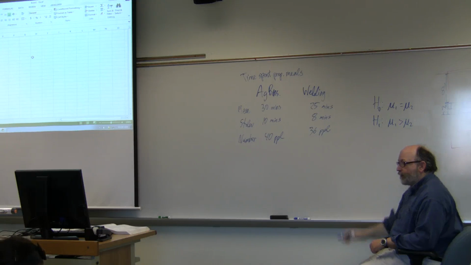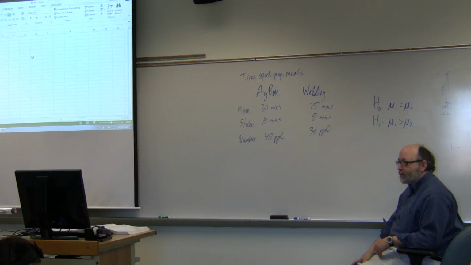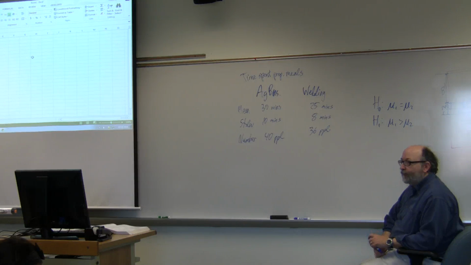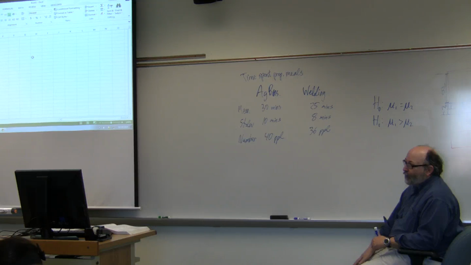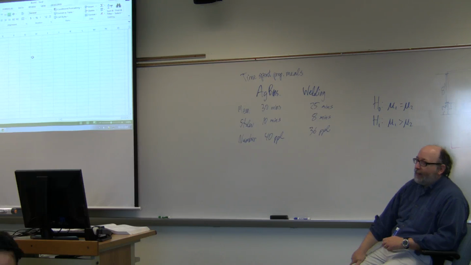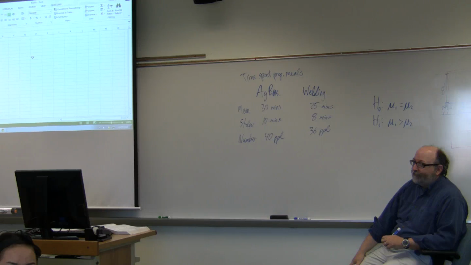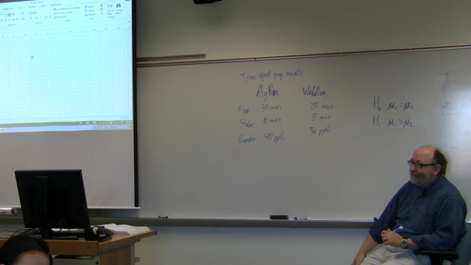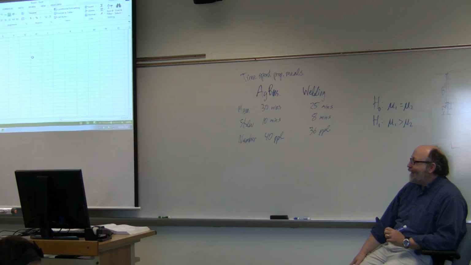Fritz, what do I need next after I get my null and alternative hypothesis? Find the critical values from the appropriate table. Okay, so I need to find critical values from the appropriate table. Sarah, can you tell me what the appropriate table is? Is it G? No, it's not.